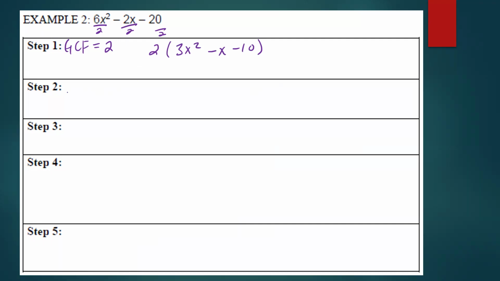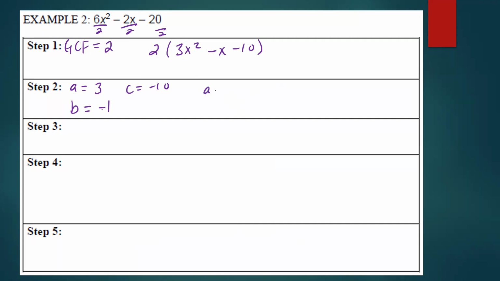Okay, step 2 is where you identify your A, your B, and your C, and you're going to find the factors of your A times your C. So our A equals 3, our B equals negative 1, and our C equals negative 10. Agree? Okay.